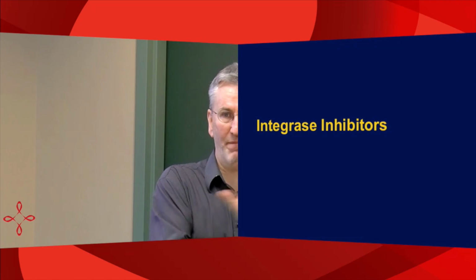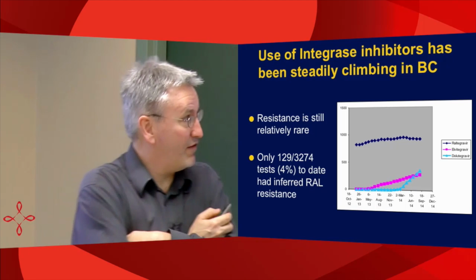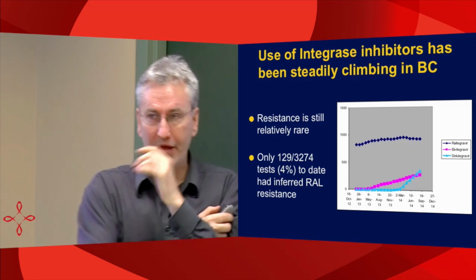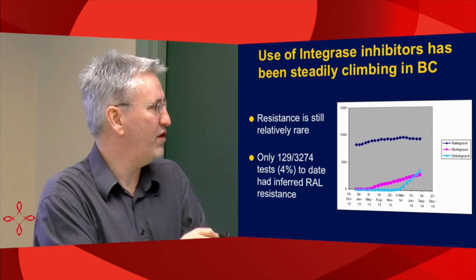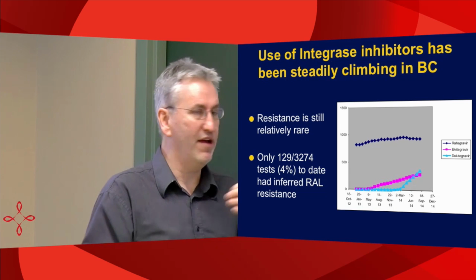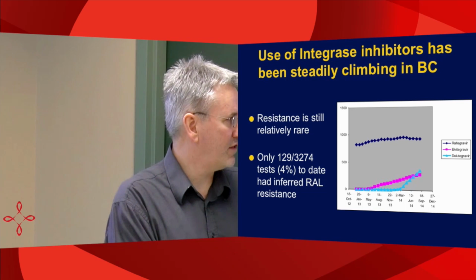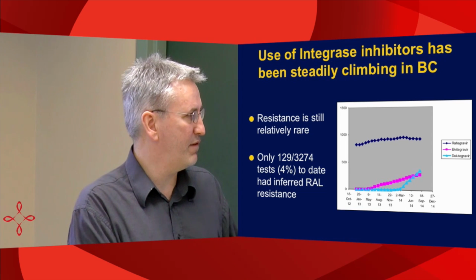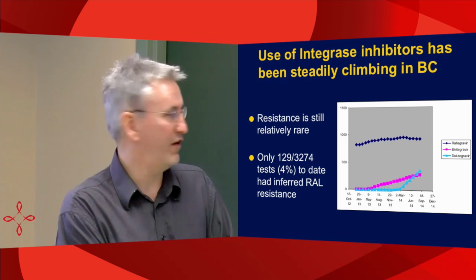I'll change topics entirely for a bit and talk about the integrase inhibitors. So we found integrase inhibitor use is probably, I'm thinking, likely the same as in Ontario, not sure. We've still had a steady number of people on raltegravir, but as the drugs become available, an expansion of the number of people on elvitegravir and more recently on dolutegravir.